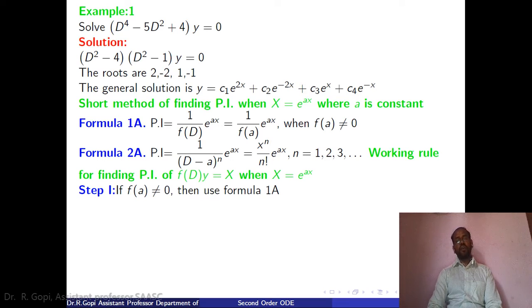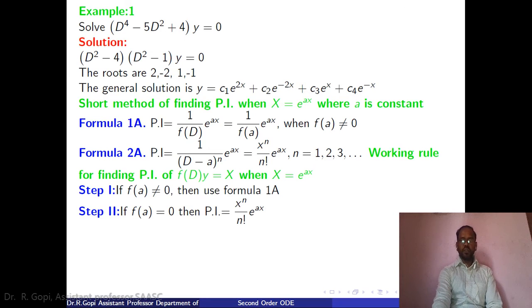Suppose f of a equal to 0, then for a differential equation of order 1, put x in the numerator and differentiate the denominator to get the particular integral. So this is the general form for nth order: particular integral equal to x power n divided by n factorial into e power ax.